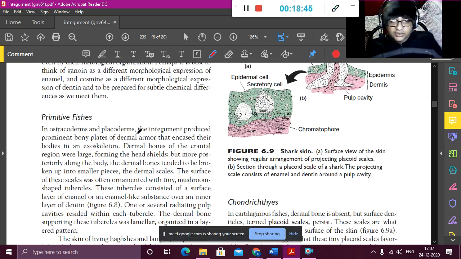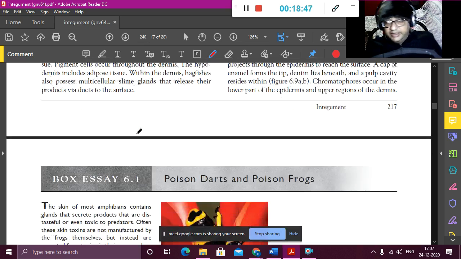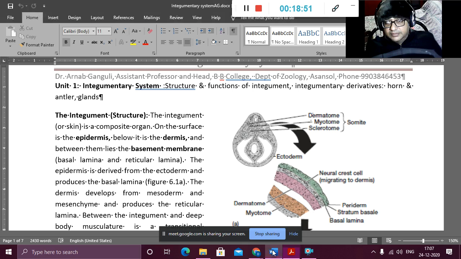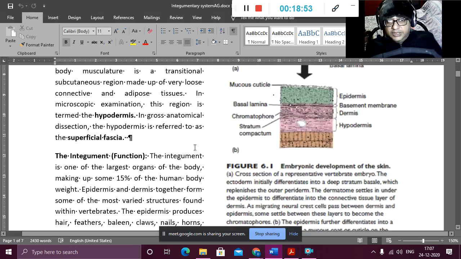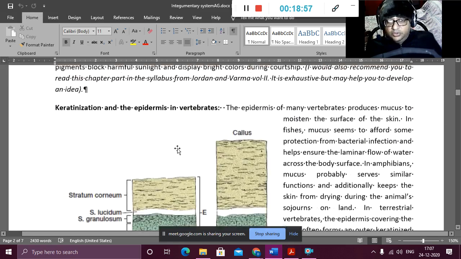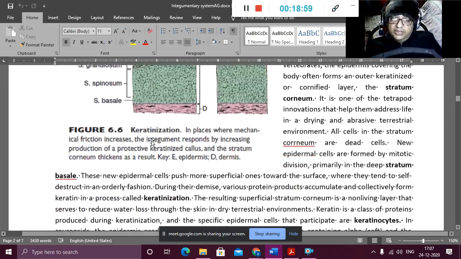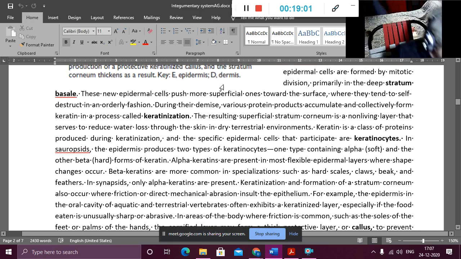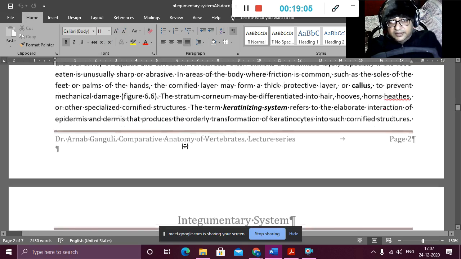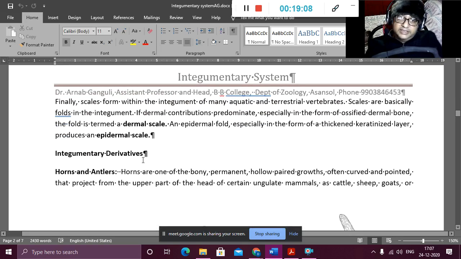Shark skin and all these skins you don't need to study right now. I'll send you my note. In the note you find all these structures present.